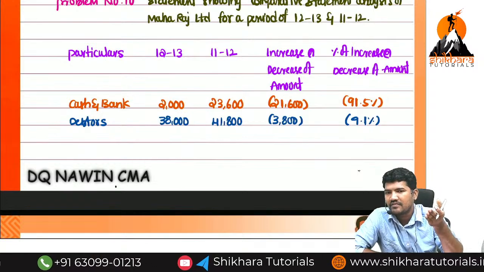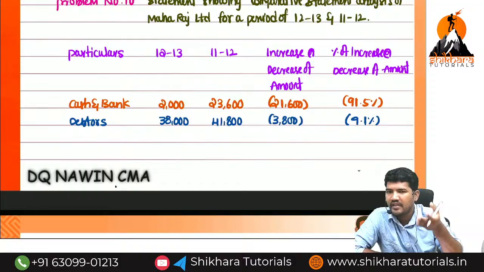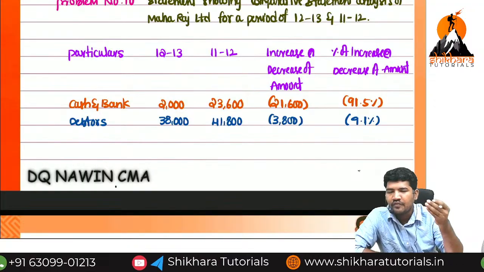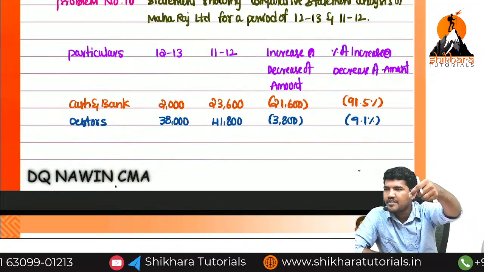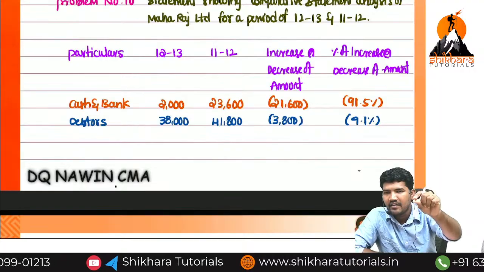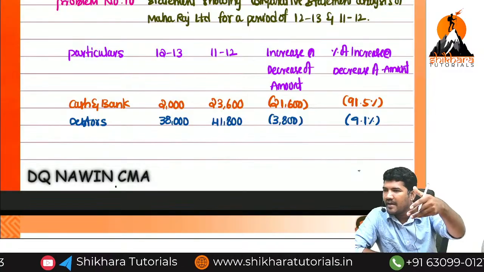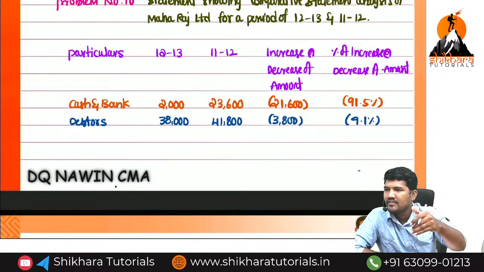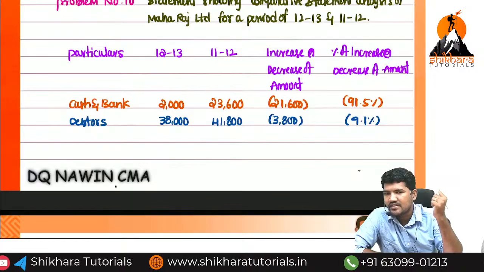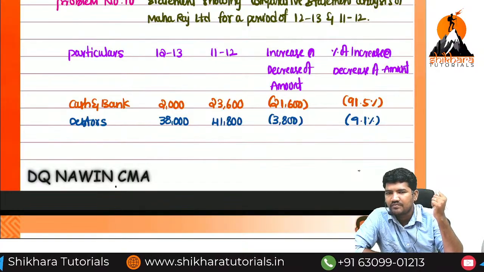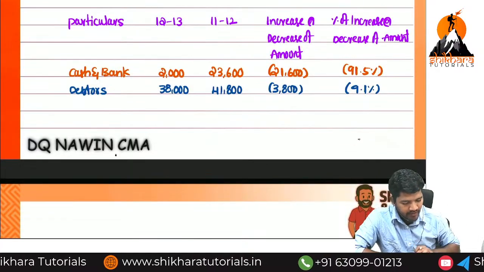So debtors' value decreases. If an income statement is given, observe the bad debt; the reason is bad debt. If there is no bad debt information, the reason is that we are not doing credit sales. Guys, clear? Done.